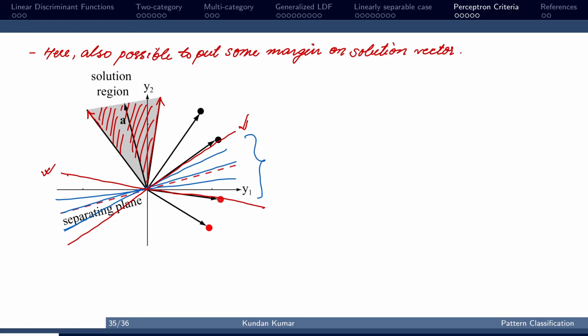But we can put the margin. So suppose we are considering this amount of margin, and this margin can be considered as the safety margin.